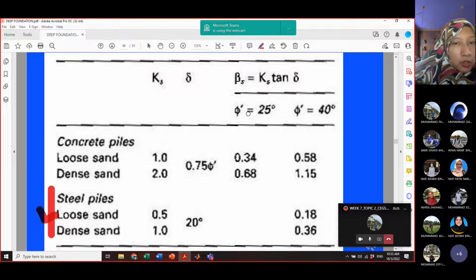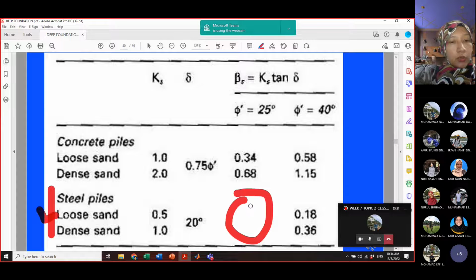Nilai beta ni pun bergantung kepada nilai phi, sama ada phi you dalam 25 ataupun 40. If you have a phi in between 25 to 40, yang mana kalau contohnya dia bagi phi sama dengan 30, you kena buat interpolations lah untuk dapatkan nilai dia. Tapi yang tu bergantunglah kalau kata pile tu adalah konkrit. Kalau pile tu steel pile, so dia tak ada value kat sini kan untuk phi sama dengan 25 darjah.